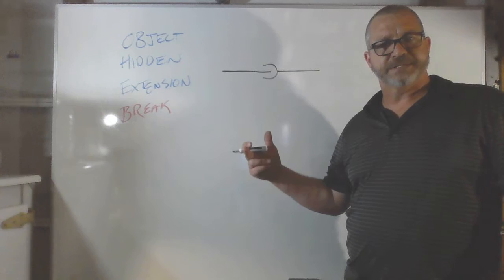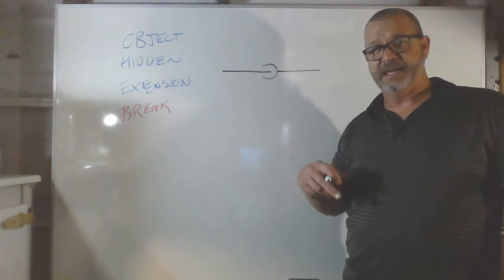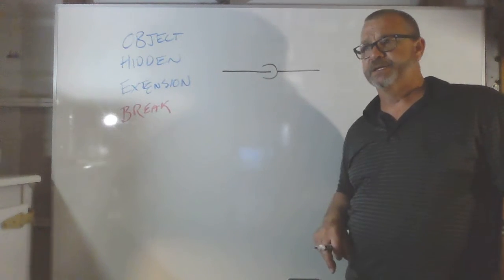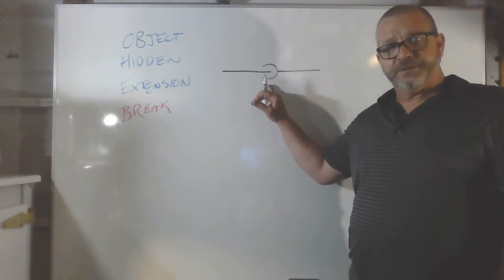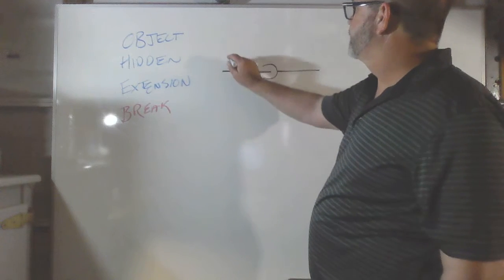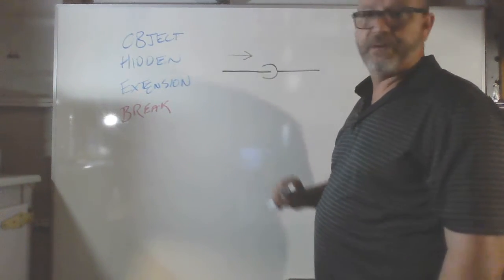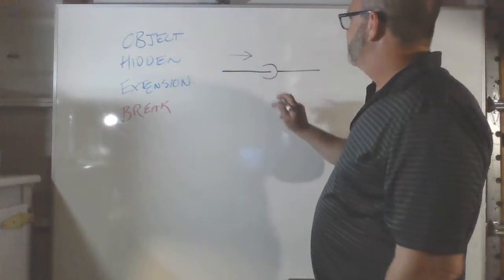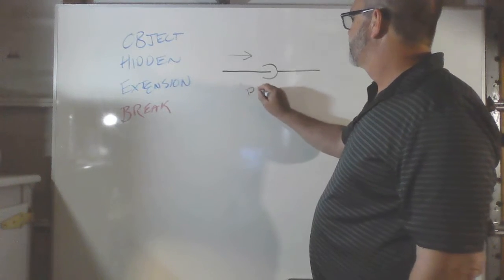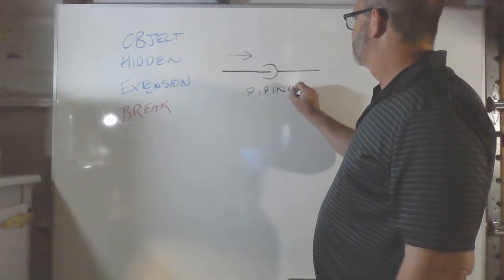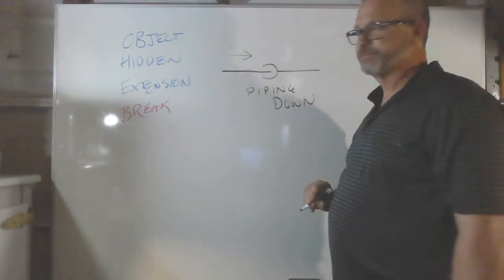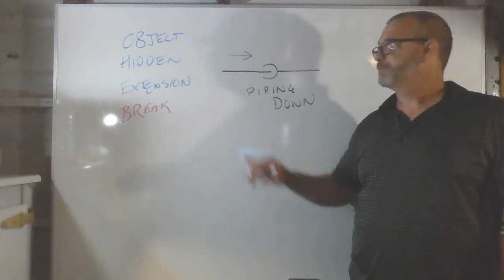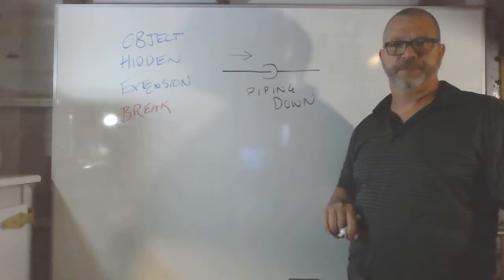I'm going to be giving you guys attachment either today or you'll get it in the following days prior to the next class. This symbol is if the flow is that way. This is piping down. Okay, so the pipe is going down.